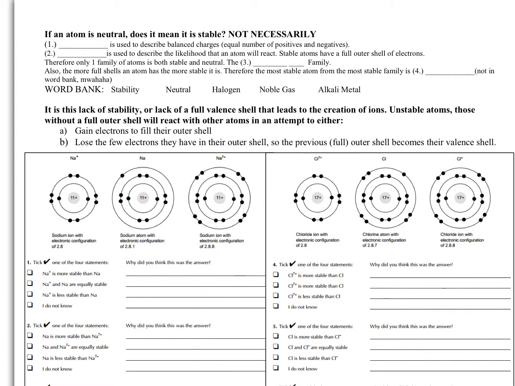So, neutral is used to describe balanced charges. Blank is used to describe the likelihood that an atom will react. That is the opposite. That is stability.